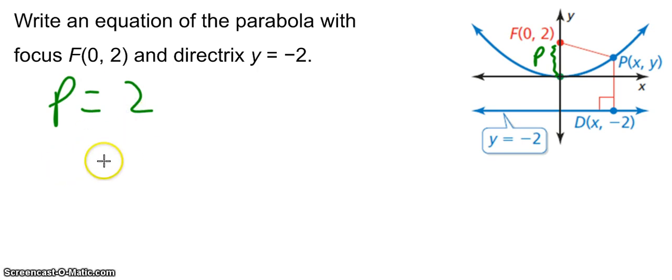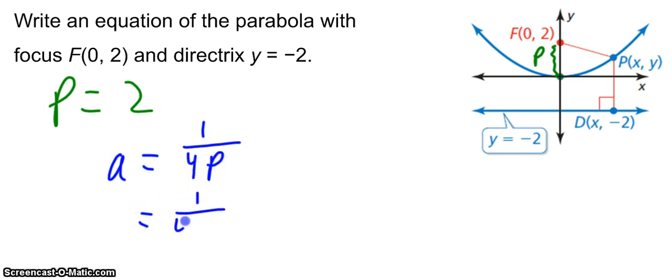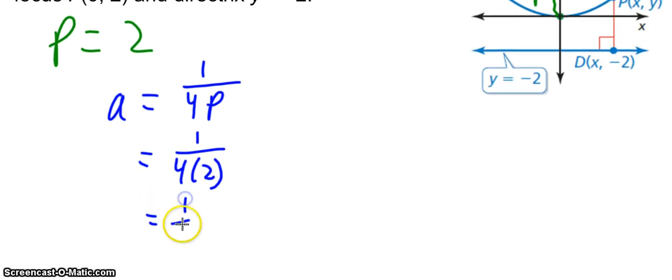And so then I know if a equals 1 over 4p, then this is 1 over 4 times 2. So a is 1/8.